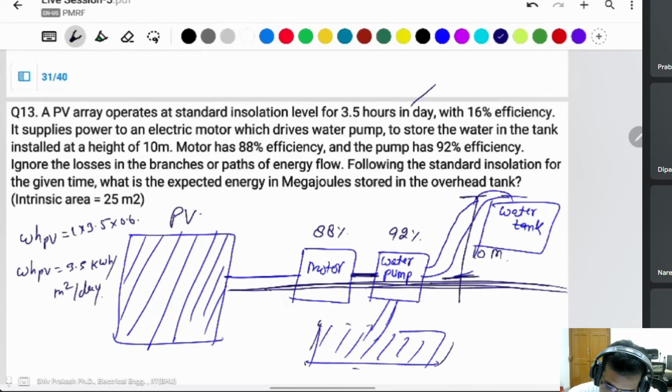It means during the energy flow, following the standard insolation for a given time, what is the expected energy in megajoules stored in the water tank? The area is also given as 2.25 meter square of a PV panel. It means the total area is 25 meter square.